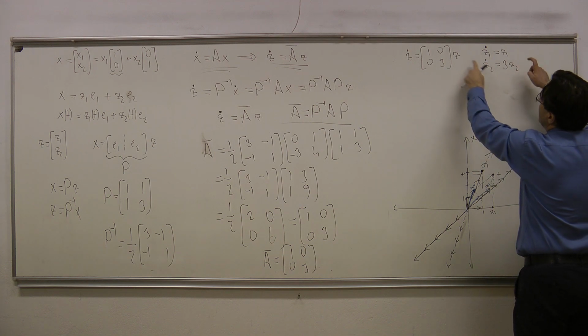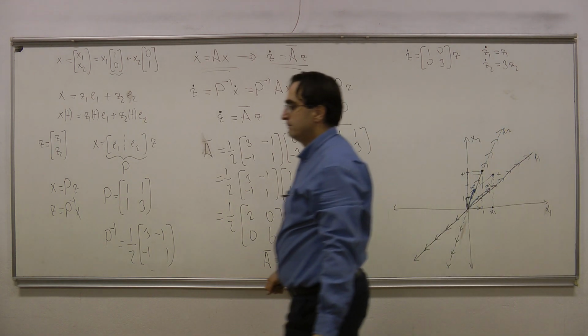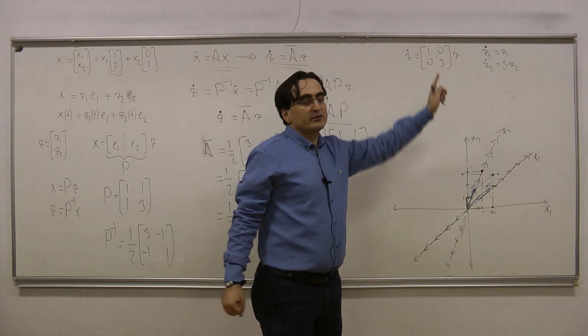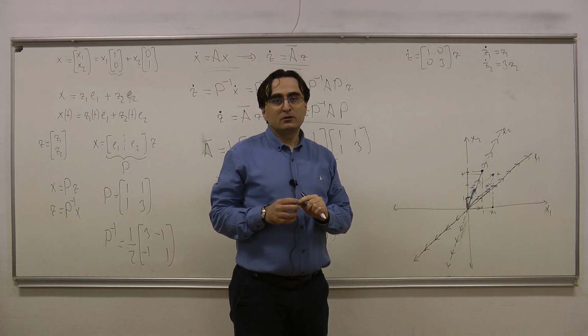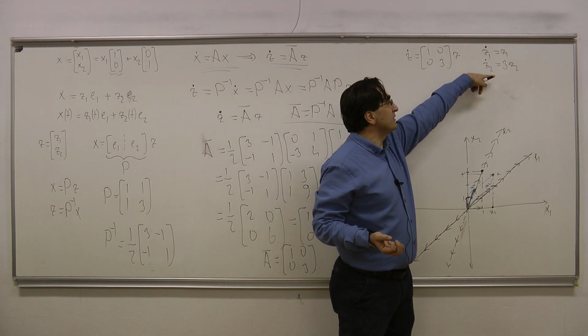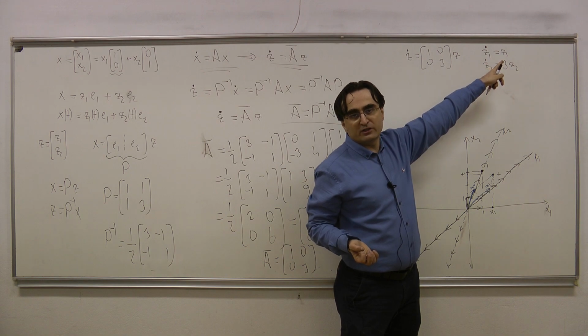These are the two differential equations corresponding to this single vector differential equation. But you see that these two differential equations are now decoupled. That means the z1 differential equation does not depend on z2, and the z2 differential equation does not depend on z1.